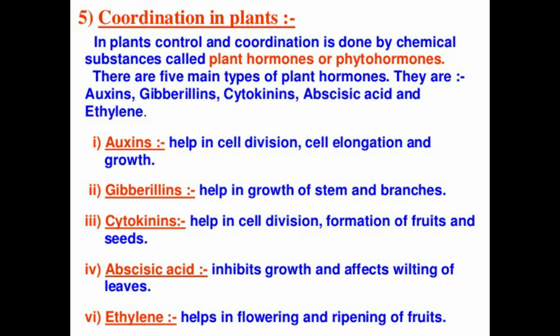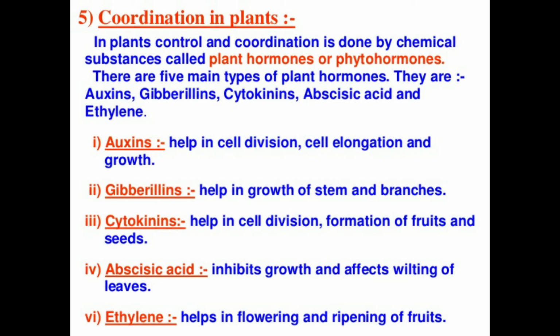Because the auxin diffuses towards the shady side of the stimulated cell to make it grow longer. The major function of auxin is to promote cell elongation and cell division. It also helps in the formation of roots and seedless fruits.